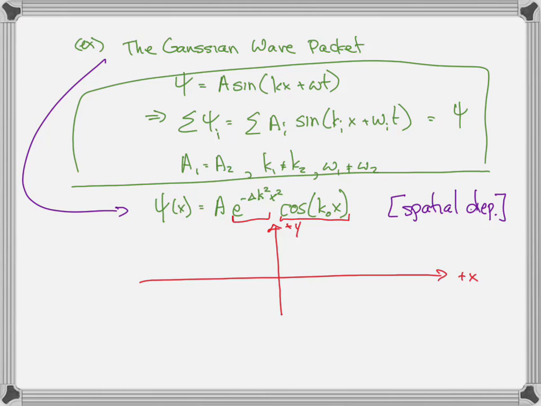So the first question is, what is its maximum? You might say, oh, it's amplitude A. Well, let's make sure of that. What's the maximum of a cosine? The maximum of the cosine for any x is 1. The maximum of e to the minus constant times x squared: k0 and delta k are constants. K0 is the average k, and delta k is the spread of k's.